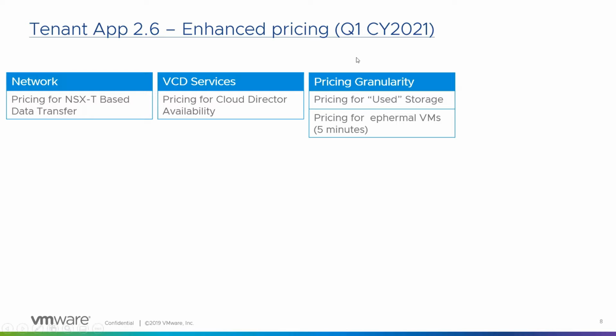And then intricate pricing granularity, such as pricing for consumed storage along with the configured storage by the VMs, as well as now we cover VMs that have a very short life cycle, such as VMs that are created and deleted within 5 minutes, which can now be metered and priced using Tenant App and the startup fee as part of the bills. So these are some of the key enhancements that we did in our product.